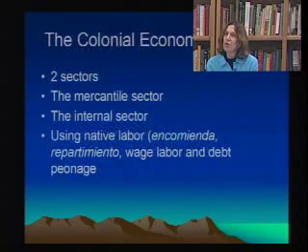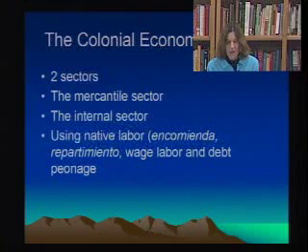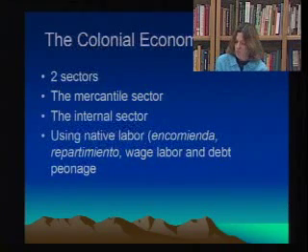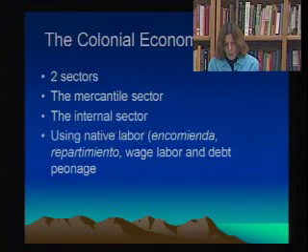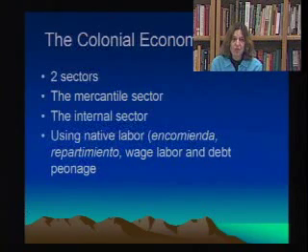It is important for me to say that these are somewhat conceptual distinctions, and that there are some ways in which the sectors overlapped. But there were many ways in which they were separate. And the most important way in which they were separate and different is that they functioned for different purposes.